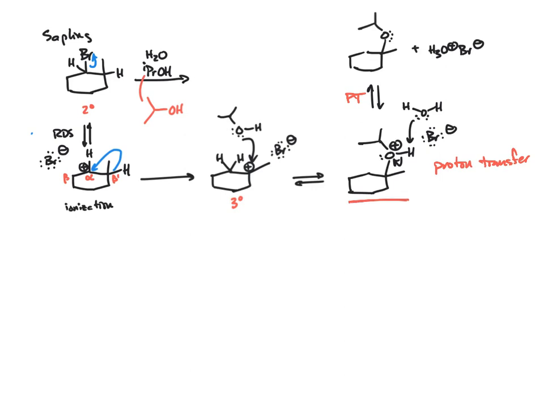What you have to end up with is something neutral. And so the proton transfer is important to do that. Water is acting as the base, and it's abstracting this proton here. And when you cleave that bond, oxygen then gets its two lone pairs to remain neutral in the product.